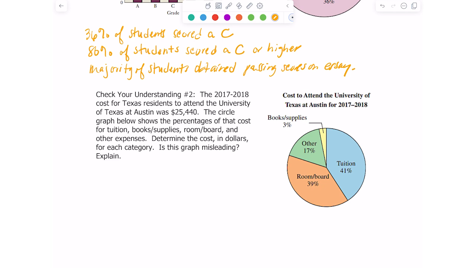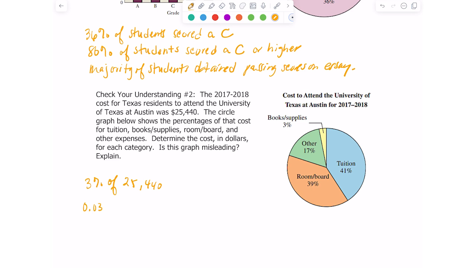So I know that if you're paying $25,440, and let's say you're paying 3% on supplies or books, so that's 3% of the 25,440. And we learned that 3% you would write as a decimal 0.03.